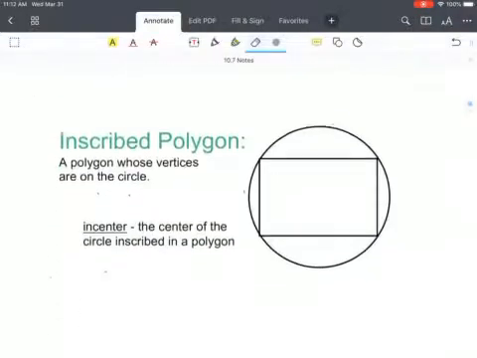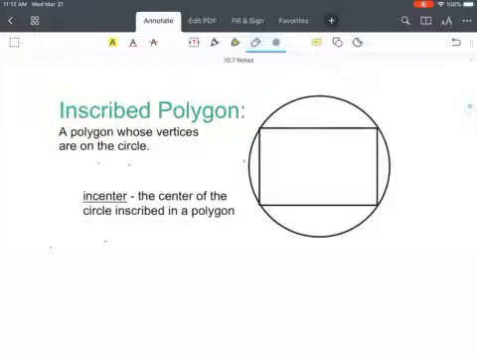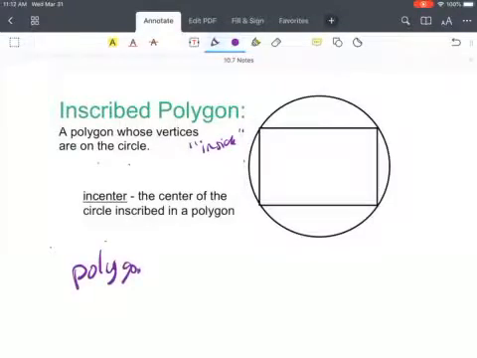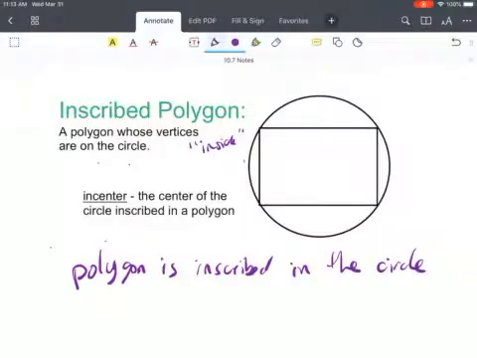So first off, when you have an inscribed polygon, that means that the polygon is going to be inside of the circle. And so there's a couple ways you can say that. You can say that the polygon is inscribed in the circle.